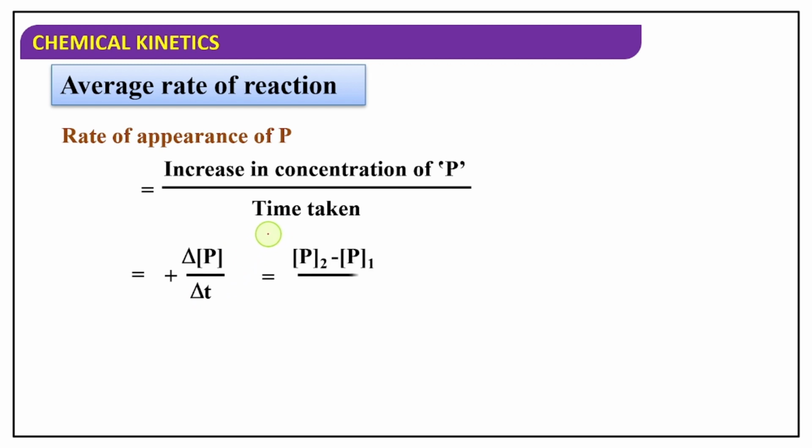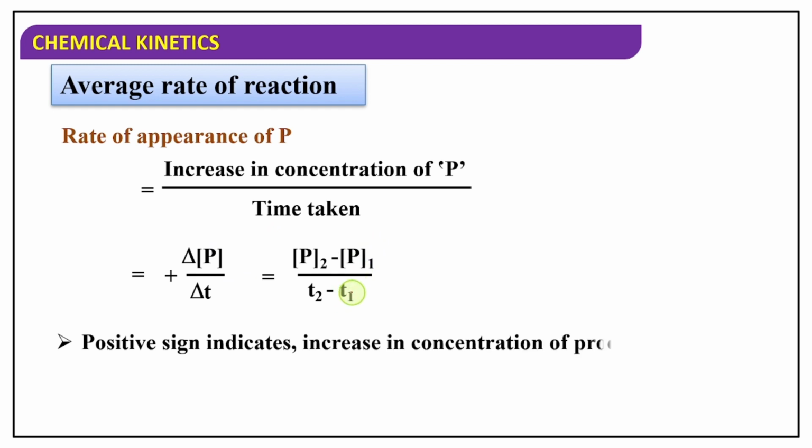So what does that mean? How to find this out? The same way, I have considered time instant 1. At time instant 1, the observed concentration of the product is P1. At time instant 2, the concentration of the product is P2.